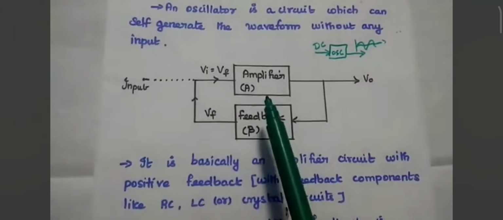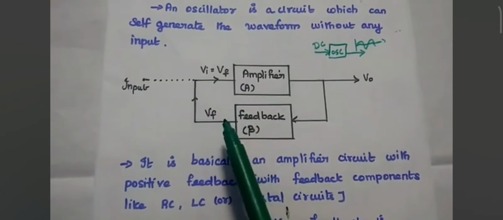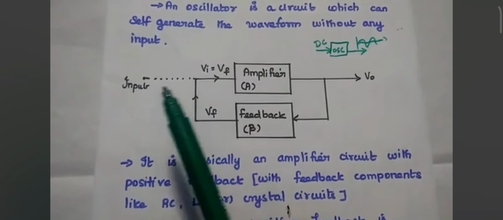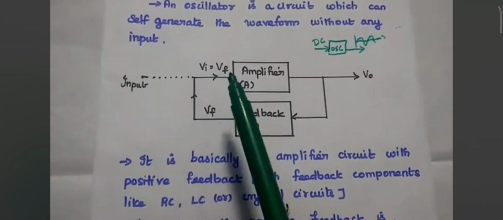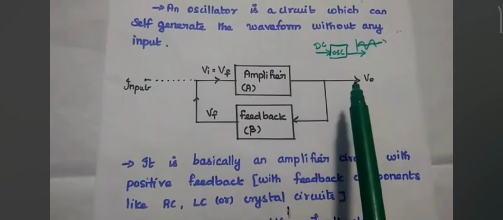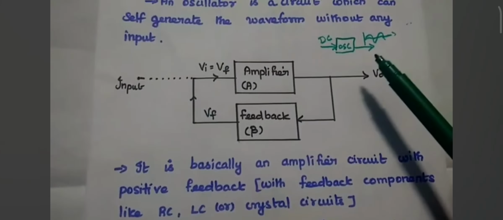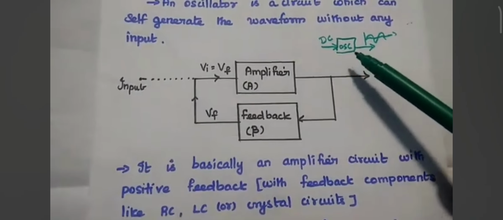So for this oscillator, the input signal is nothing but the feedback signal. Do you all understand? There is no actual input. This feedback can also be taken from the output signal from this amplifier. Do you all understand this concept? That's what is given here. Okay, so we are not giving any input signal.